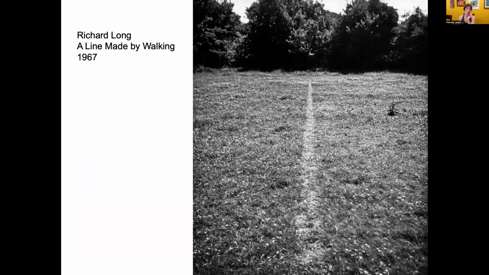And here's a Richard Long, another famous earth artist who would do performances outside. In this case, he created this line. It's called A Line Made by Walking. And so you can see this line created by stepping and wearing a path, a straight path in this field.